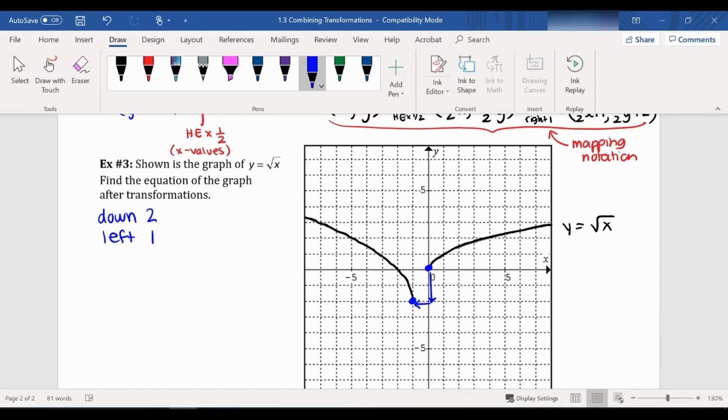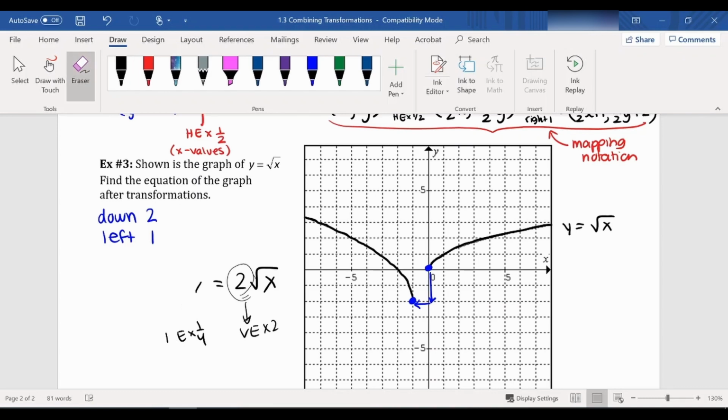So for example, because we're dealing with a root x, and don't write this down, but this is the same as this, right? I can factor that 4 out because root 4 is equal to 2. So somebody might see this as a 2 and a vertical expansion by 2. Someone else might see it as a horizontal expansion by 1 over 4. For this graph, those are the same thing, okay?